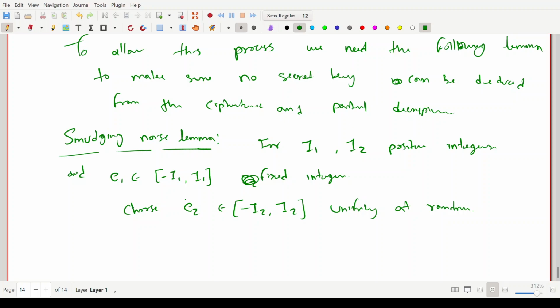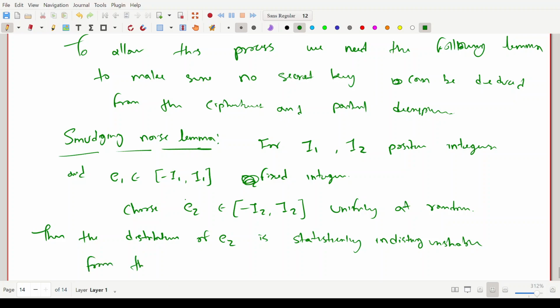Then the distribution of E2 is statistically indistinguishable from that of E1 plus E2 if I1 upon I2 is negligible in lambda.